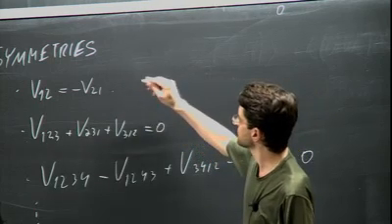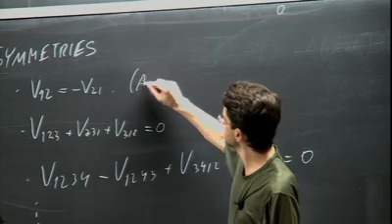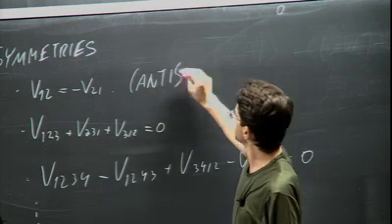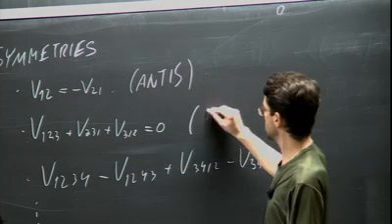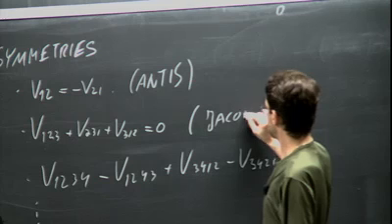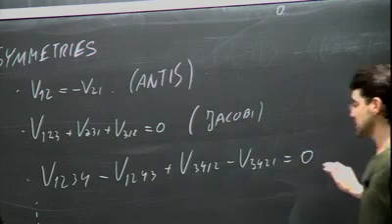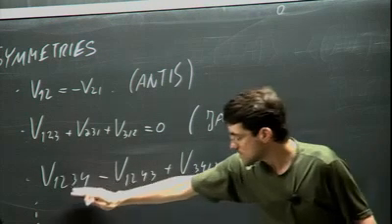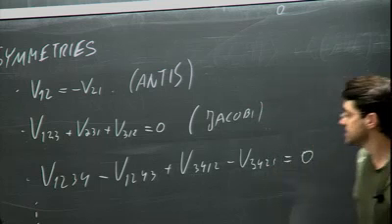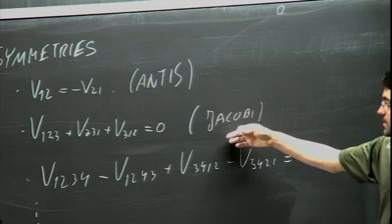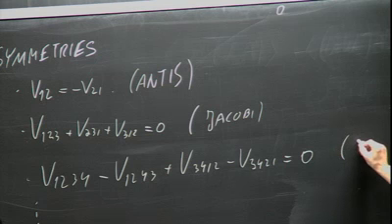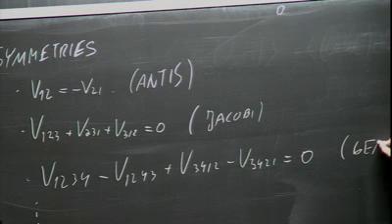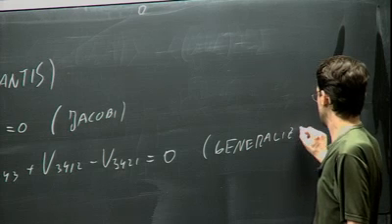So this is the antisymmetry, and this is the equivalent of a Jacobi identity, and the higher ones here don't have famous names associated to them, but they are the generalized symmetries.